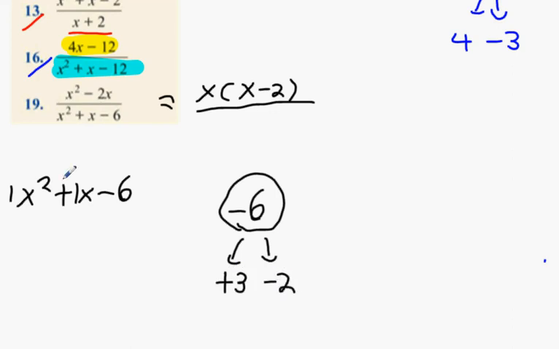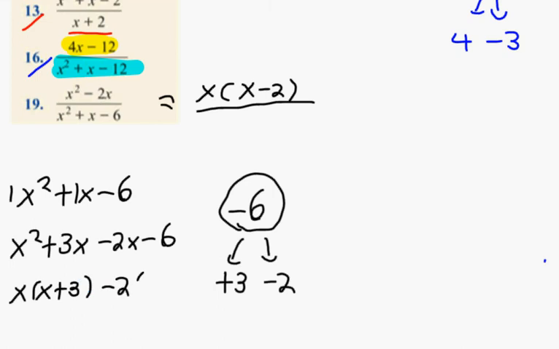You do the usual, we all know the usual routine at this stage, don't we? I'll do it out. x squared plus 3x minus 2x minus 6. Factorize x into x plus 3 minus 2 into x plus 3. x minus 2, x plus 3. Where do I put that?